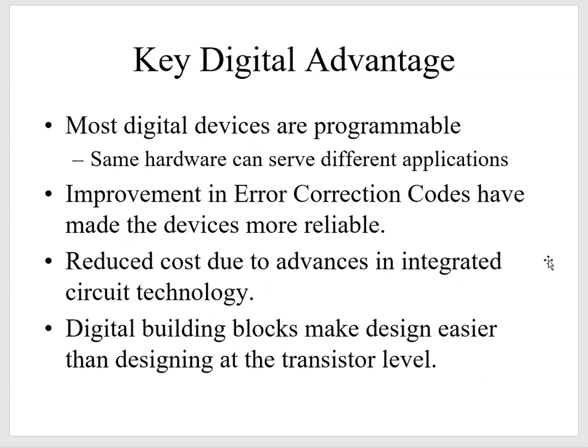So there are some differences. Key digital advantage: most digital devices are programmable. The same hardware can serve in different applications. You can improve the reliability of the signal with error detection and correction codes, and there is reduced cost due to advances in integrated circuit technology.